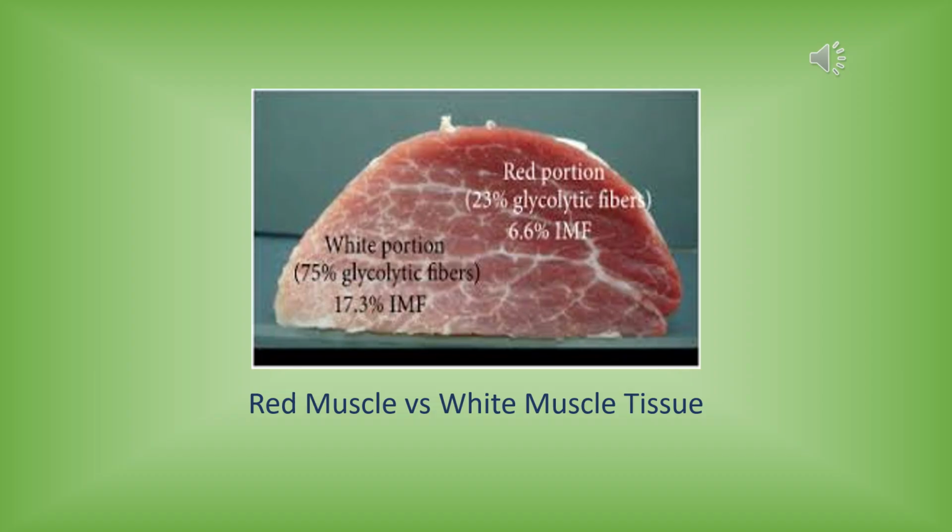On the other side, we have the white. Well, this is muscle tissue where the sarcomeres are not so plentiful and the actin and myosin filaments are not so large, but that muscle tissue is well supplied with capillaries.